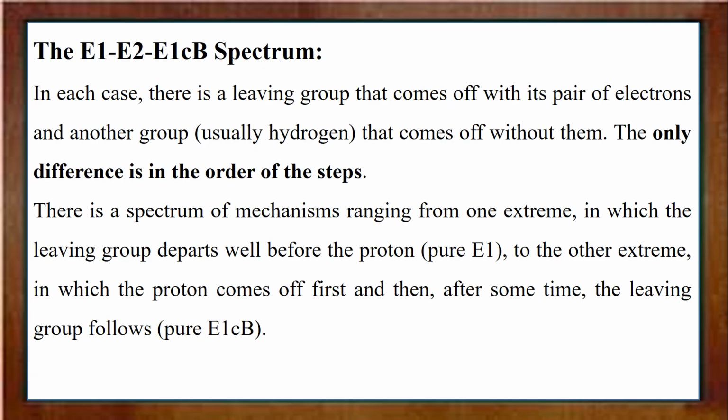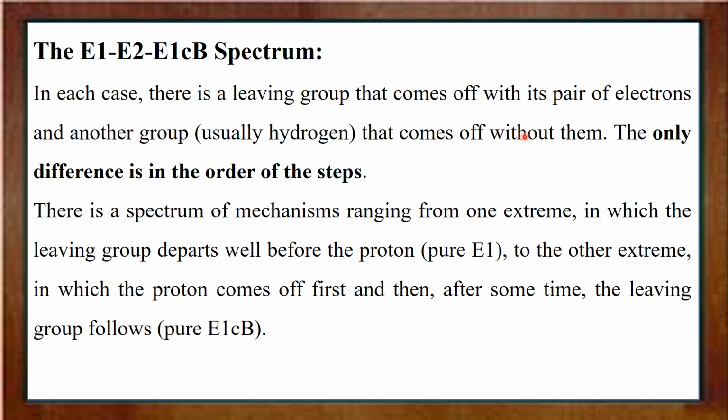The E1, E2, E1CB spectrum. So far we discussed three types of beta eliminations. In each case, there is a nucleophilic leaving group which comes off with a pair of electrons, and another electrophilic group, usually H plus, which comes off without electrons.